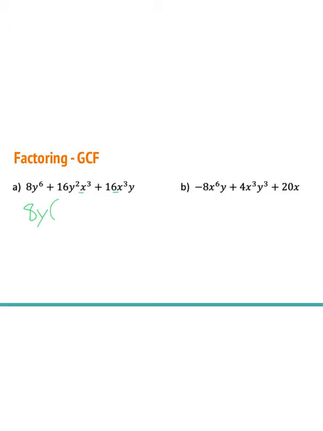So 8 divided by 8 would give me 1, y to the 6th, we already took out 1, so we get y to the 5th, plus we have 16 divided by 8, so that gives us 2, y, because we took 1 away, x to the 3rd, and then plus 2, x to the 3rd, and we don't have a y there because we factored it out. So this would be your final answer here.